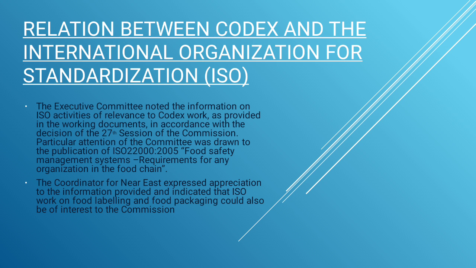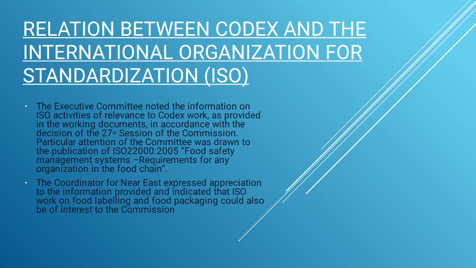Now let's talk about the relation between Codex and the International Organization for Standardization, or ISO. The executive committee noted the information on ISO activities of relevance to Codex work as provided in the working documents, in accordance with the decision of the 27th session of the Commission.